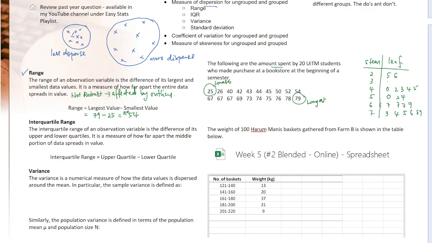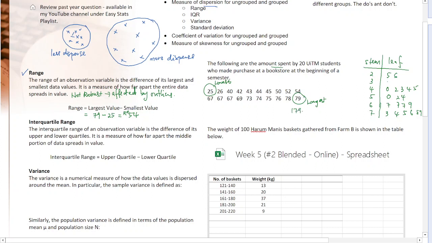So just now I said that the range is not robust, which means it is affected by extreme values. When it is affected by extreme values, that means if you have a value that is too small or too large, then the value of the range will be different, right? For example, suppose that instead of 179 here, it becomes 179.